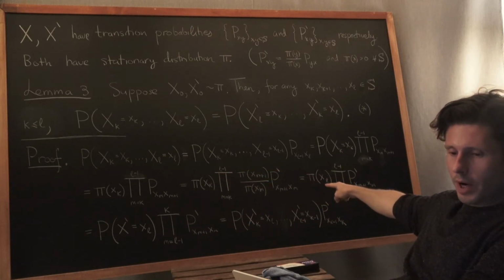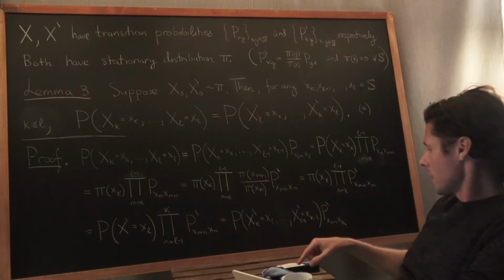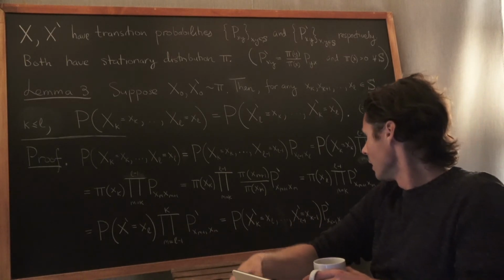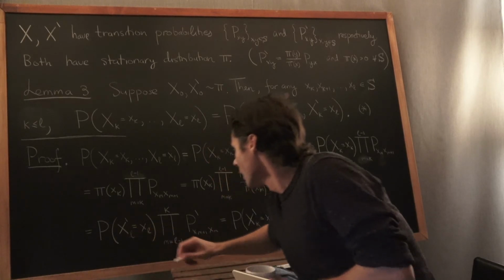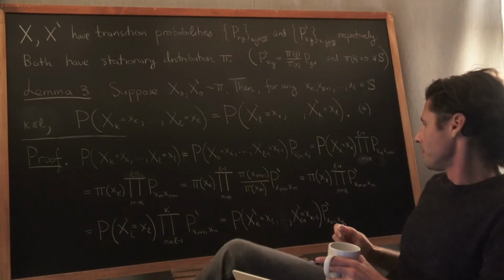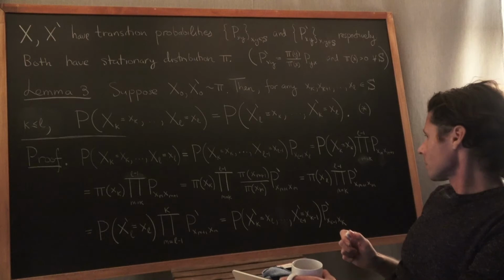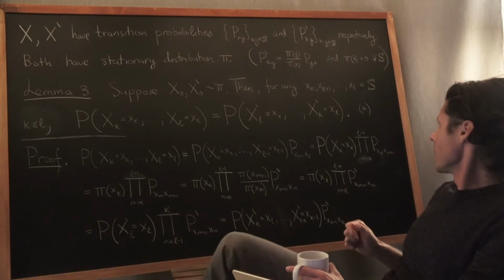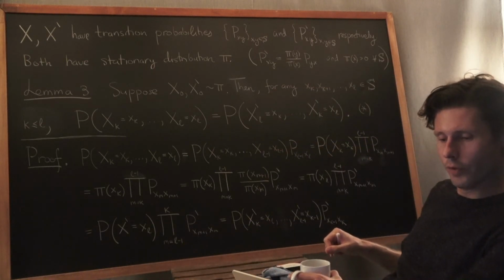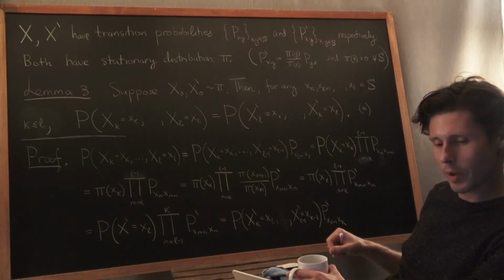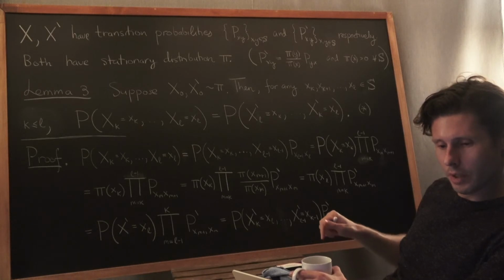That's why I can replace pi of x_l by, oops, looks like I missed an l here. So I can put any time index here. Hopefully that's agreed upon. It's up to me to pick one, and I can be clever or stupid here.